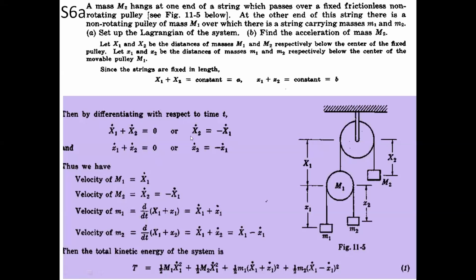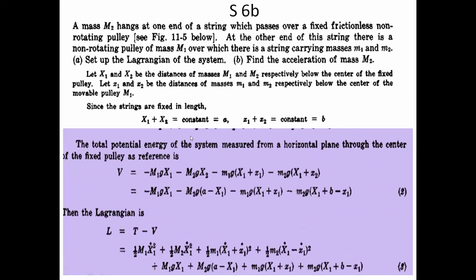Then we go over to the next slide, S6B. The kinetic energy part is settled, the potential energy is written down using the simple mgh formula, and that gives me the Lagrangian, equation 3, which is very easy to get. So no explanation, I believe, is needed.